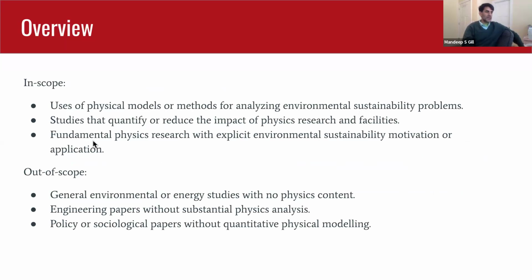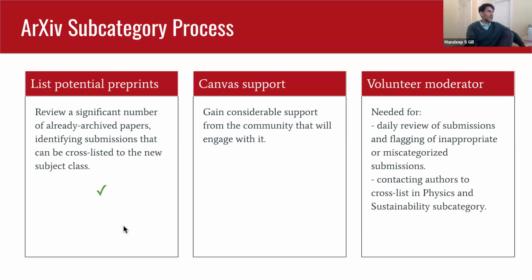But then the second two would be more in this new category. So we're talking about in scope versus out of scope here. General environmental ones wouldn't go in here. This is how arXiv wants people to go about it.